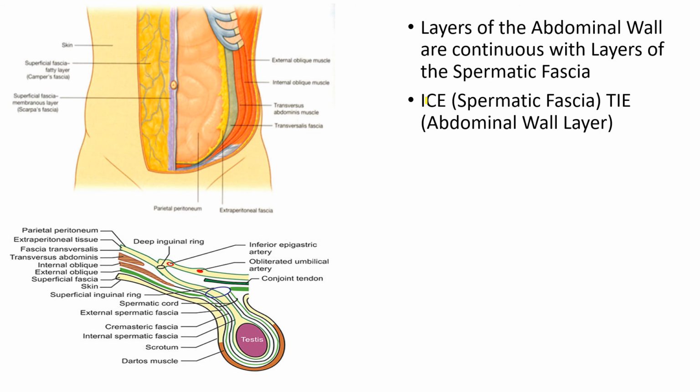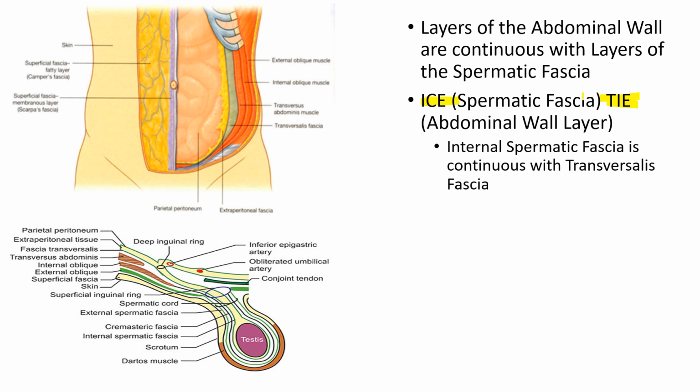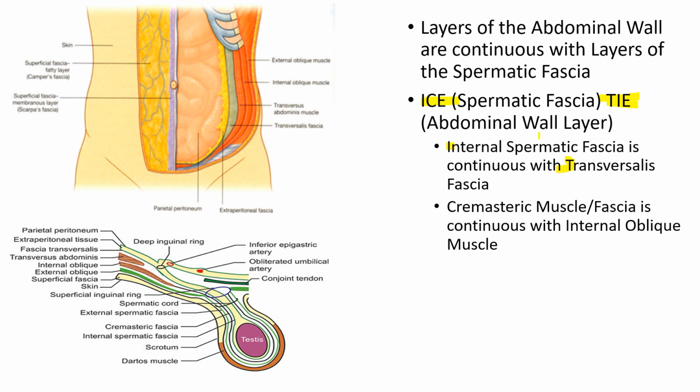So the mnemonic ICE tie can be helpful because layers of the abdominal wall are going to be continuous with the spermatic fascia. So the I and T correspond together because the internal spermatic fascia is continuous with the transversalis fascia.